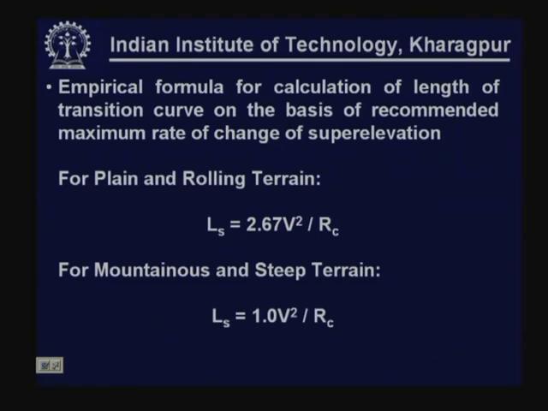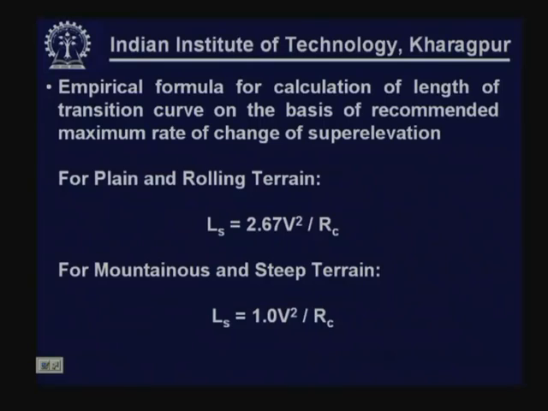Two formulas are given, one for plain and rolling terrain and another for mountainous and steep terrain. For plain and rolling terrain, the equation is Ls equal to 2.7 V square by RC. For mountainous and steep terrain, it is 1.0 V square by RC.